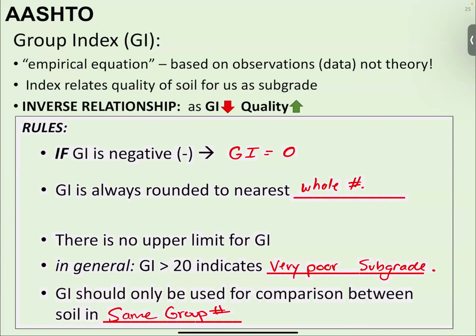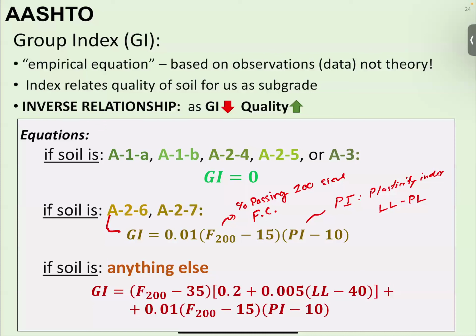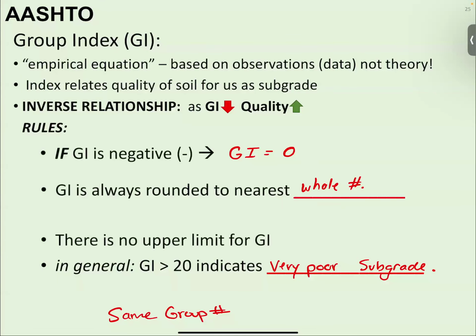So if you had two different sources of A2-6, say farmer A in Ocala is saying, hey, I got some good soil on my land, come and take it, and it's an A2-6, and then farmer B up in Micanopy has some of the same A2-6 stuff, you're going to calculate the GI for both to determine which one you're actually going to use. But if you have a different type, like an A4 soil or something, then you would only compare it with the same ones. Okay.